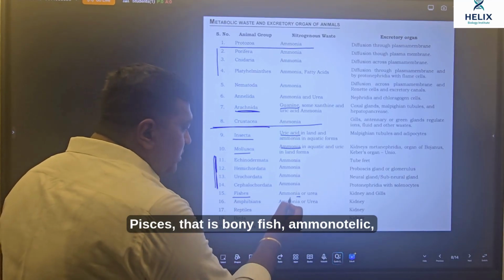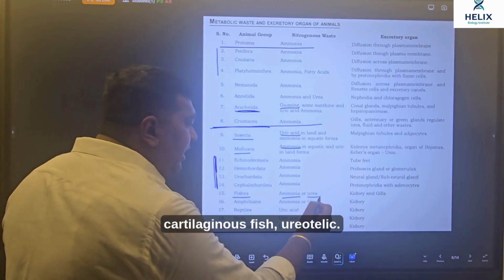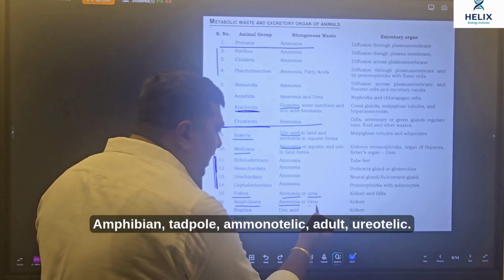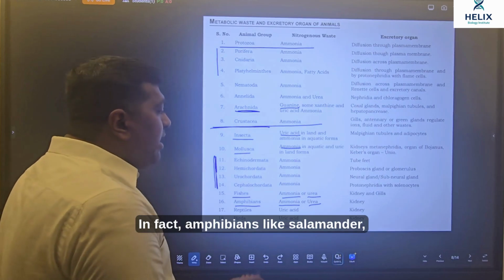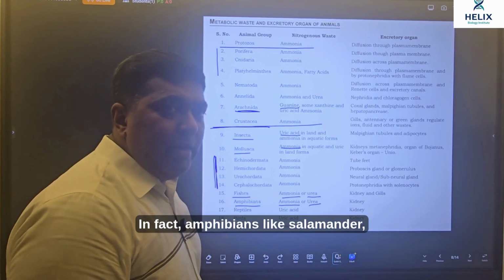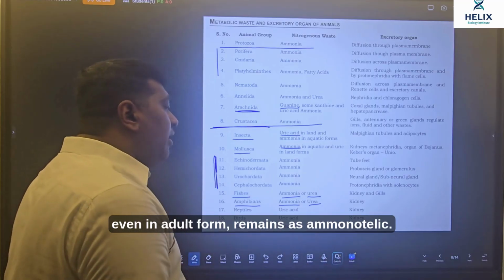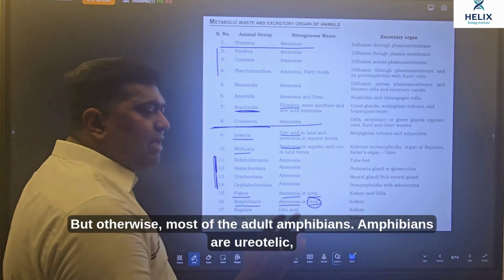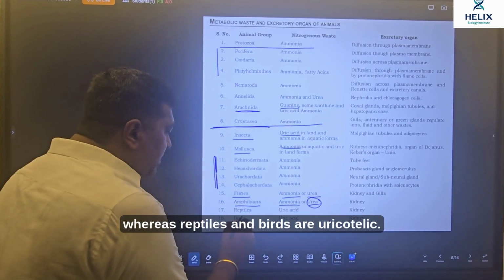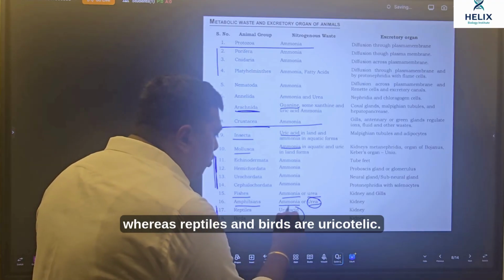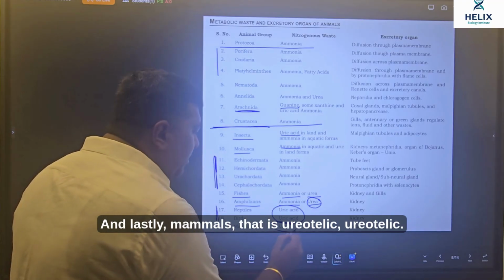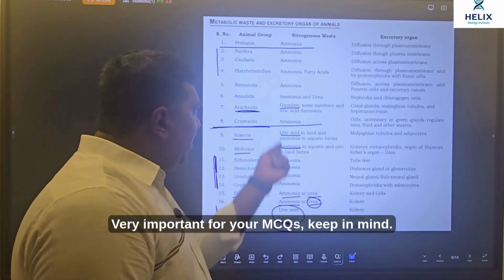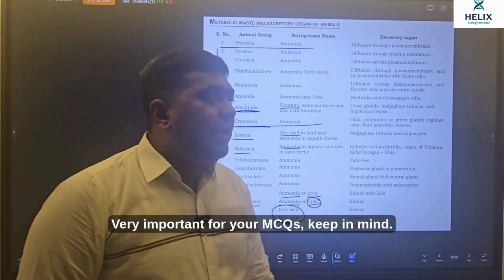Pisces, that is bony fish, ammonotelic; cartilaginous fish, ureotelic. Amphibian tadpole, ammonotelic; adult, ureotelic. In fact, amphibians like salamander, even in adult form, remain ammonotelic, but otherwise most of the adult amphibians are ureotelic, whereas reptiles and birds are uricotelic, and lastly mammals, that is ureotelic. Very important for your MCQs, keep in mind.